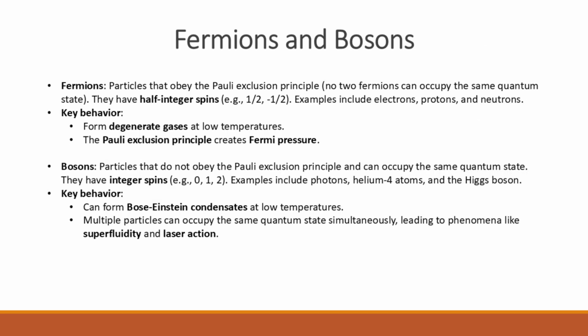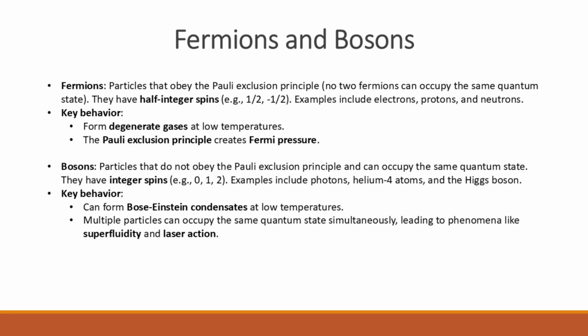Now, let's compare fermions and bosons, two fundamental types of quantum particles with dramatically different behaviors. Fermions, which include electrons, protons, and neutrons, have half-integer spins. They're the rule followers of the quantum world, strictly adhering to the Pauli exclusion principle.